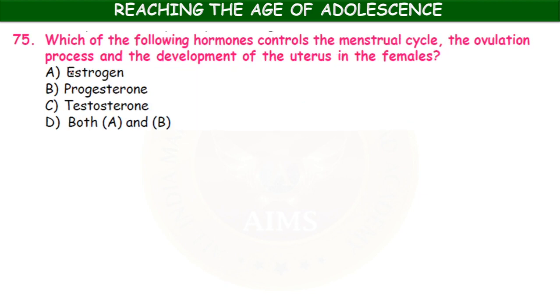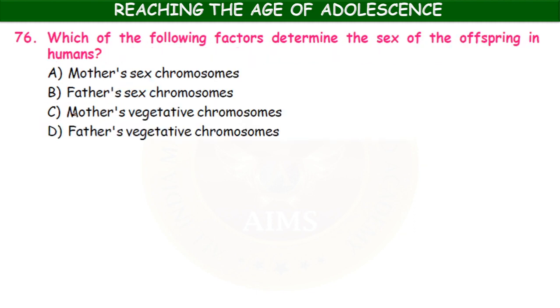Next, which of the following hormones controls the menstrual cycle, the ovulation process, and the development of the uterus in females? Estrogen, progesterone, testosterone. Both the estrogen and progesterone. Which of the following factors determine the sex of the offspring in humans?